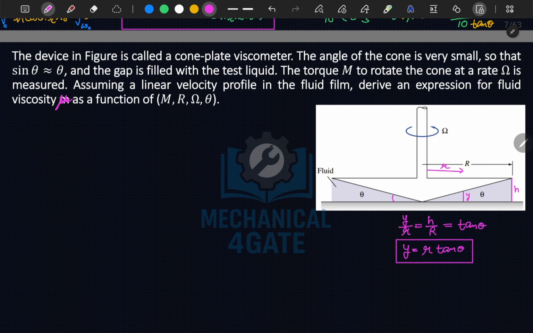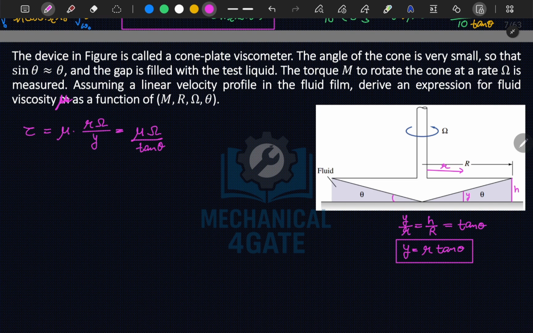So the shear stress tau is equal to mu times v by h, that is your formula. Here v is r times omega, divided by h, which is here y. And y is equal to r tan theta, so this will be mu omega by tan theta.